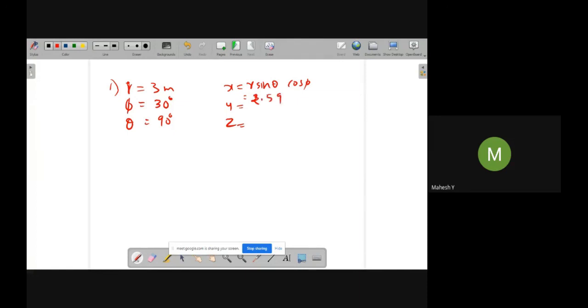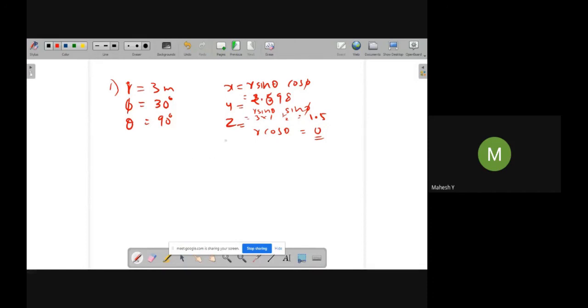That is 2.598. If you round it, it will become 2.6. Now what is the value of y? r sin theta sin phi. So 3 into 1 into 1 by 2. It will be 1.5. And z is r cos theta. So cos 90 is 0. So it will be 0. Yeah, correct. Very good.